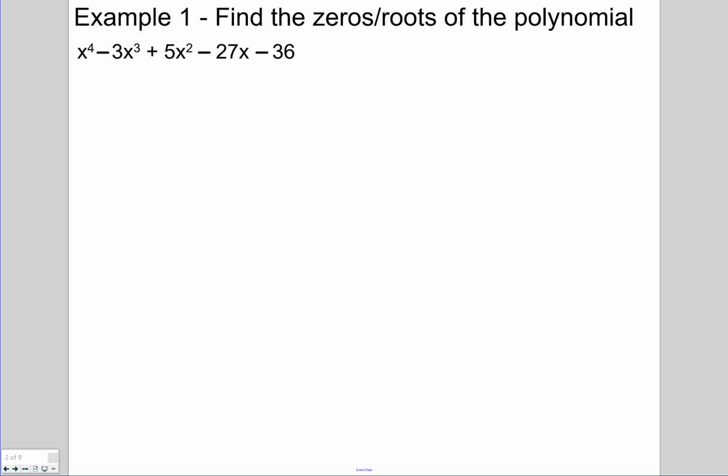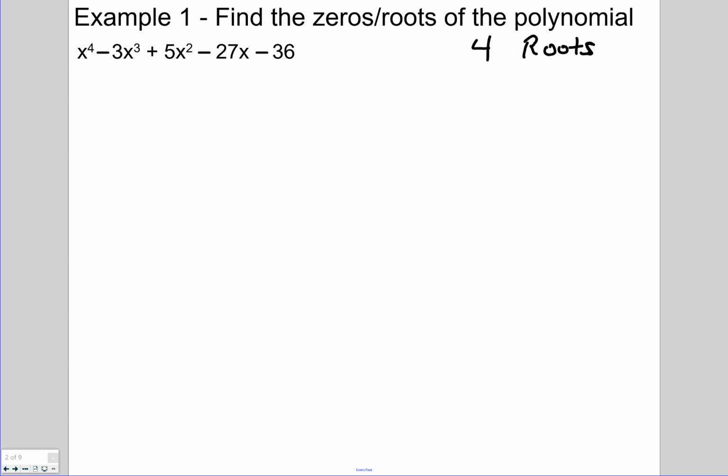The first thing you should see. The 4. The 4 is right. Because when I see that 4 as the highest exponent, I should have 4 roots. That's 4 answers. So you should have 4 answers at the end of this problem when we're all done.